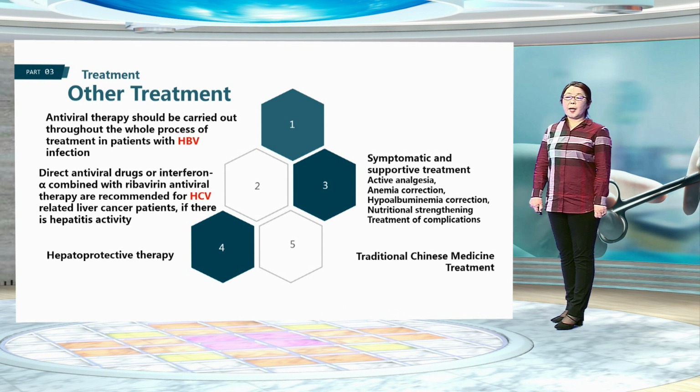We also need hepatoprotective therapy and symptomatic and supportive treatments such as active analgesia, anemia correction, hypoalbuminemia correction, nutritional strengthening, treatment of complications. They should also be considered. And last, sometimes we can consider traditional Chinese medicine, and it can be useful.